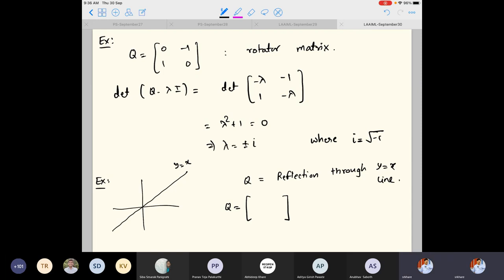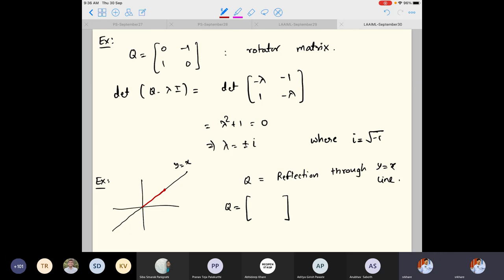Geometrically you tell. Sir, it'll be the same line, y equals x, that will be the eigenspace. Corresponding to which eigenvalue? Corresponding to 1. Why? Because if you pick any non-zero vector here, say (1, 1), then under the action of this reflector matrix, (1, 1) goes to (1, 1).